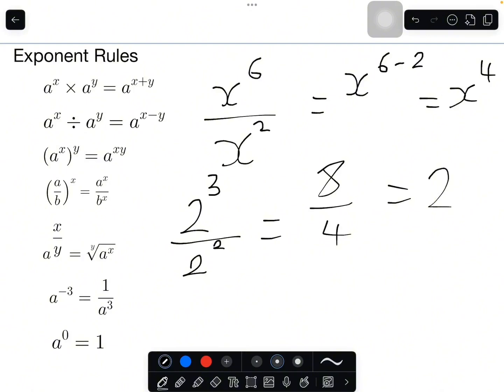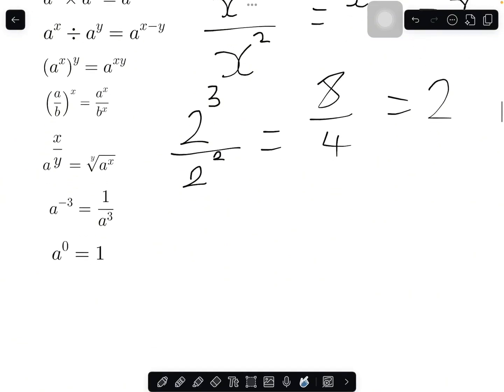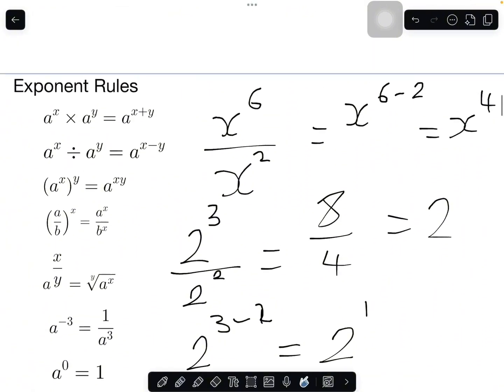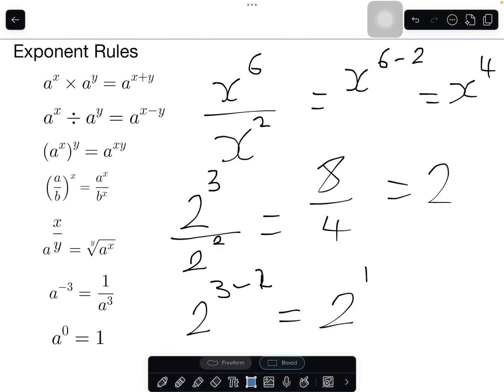And if we look at what happens when we work with these numbers, it's the same as saying 2 to the power 3 minus 2, which would then just equal 2 to the power 1, which is 2. So you can see it works. These rules work. I'm just going through it to show you so you can get them a bit more intuitively.